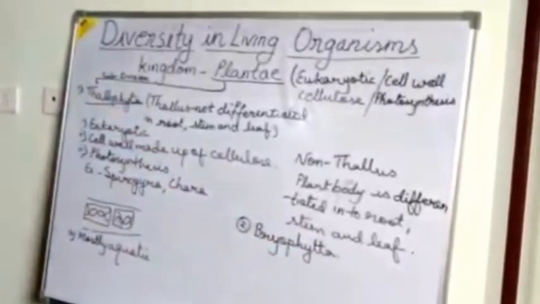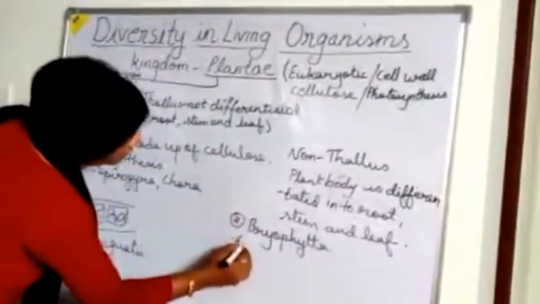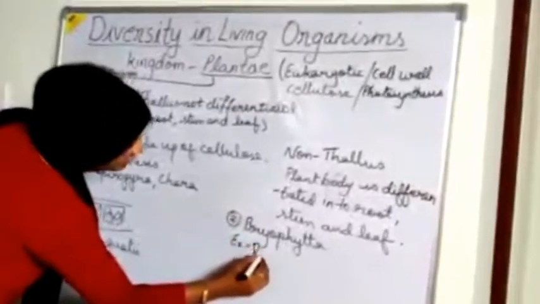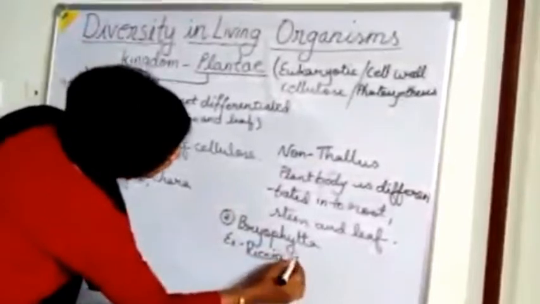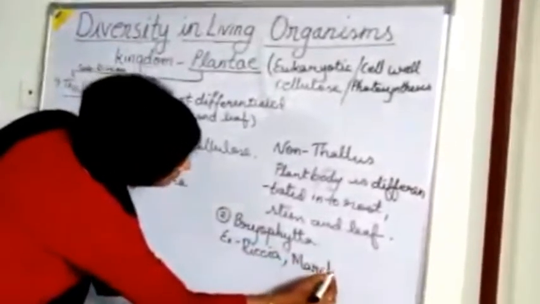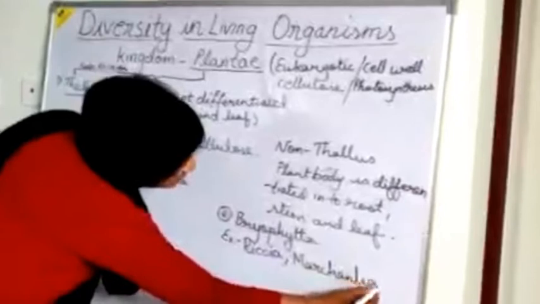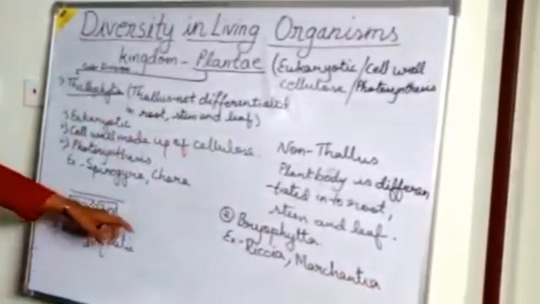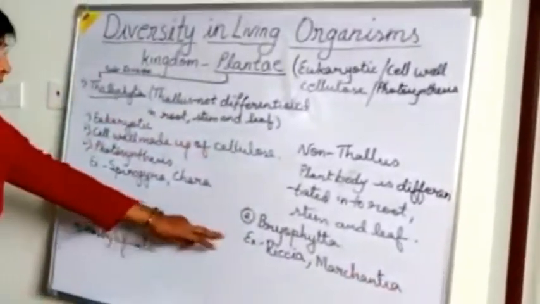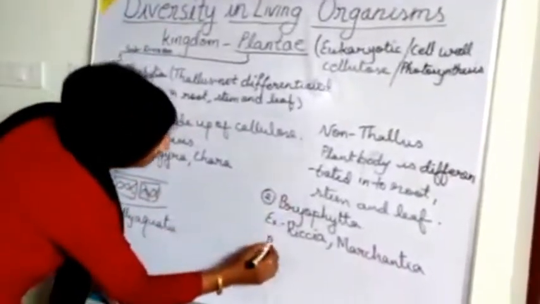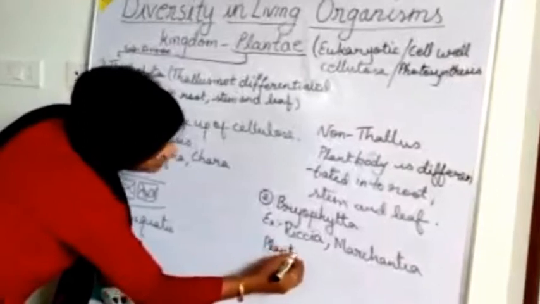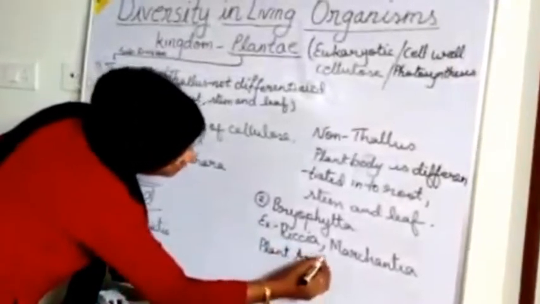If you are going to take examples of Bryophyta, these are Riccia and Marchantia. Okay, these two examples are there. We call the Bryophyta the plant amphibians.